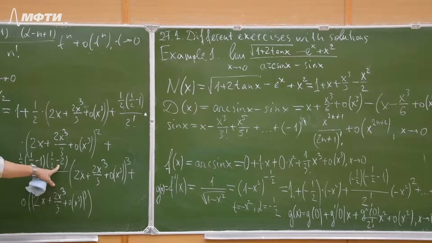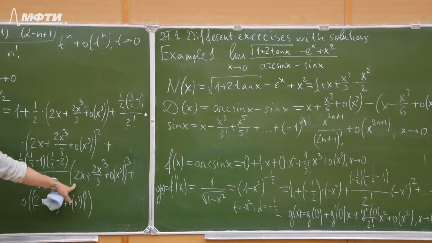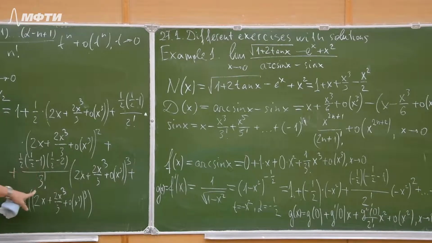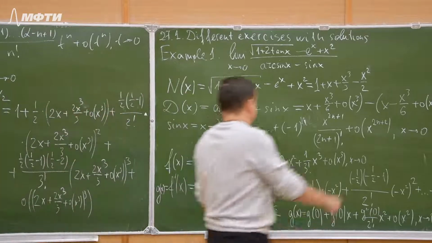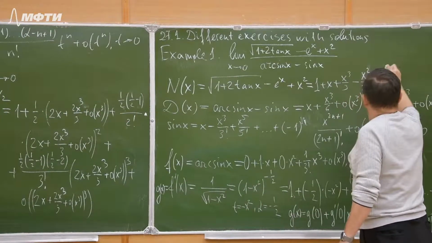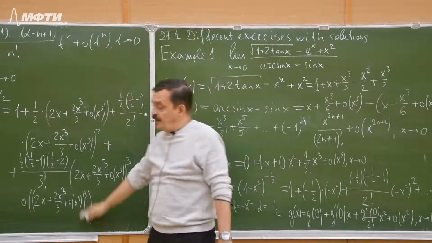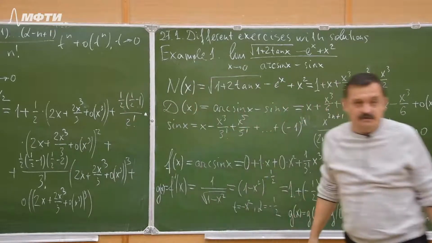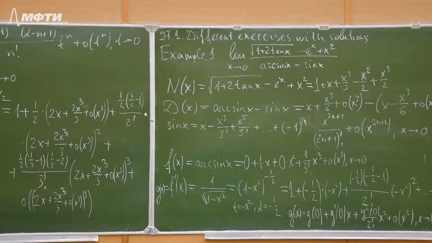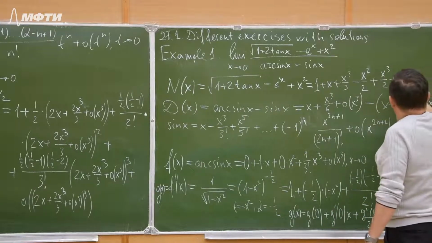It gives 3 over 8 times 8, just 3 over 6, 1/2 again, plus x cube over 2. All other powers will be in little o of x cube.